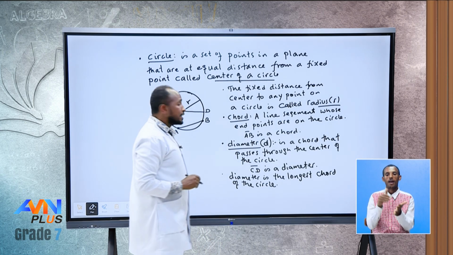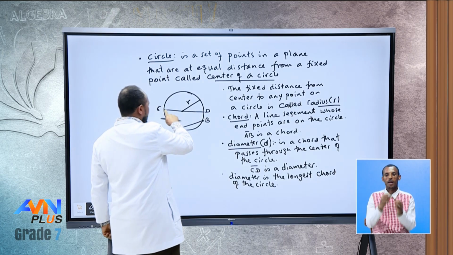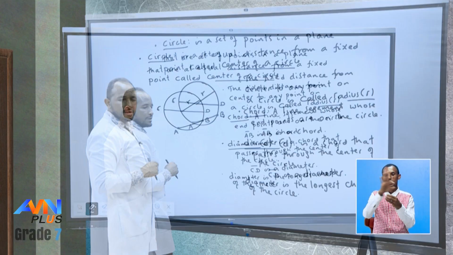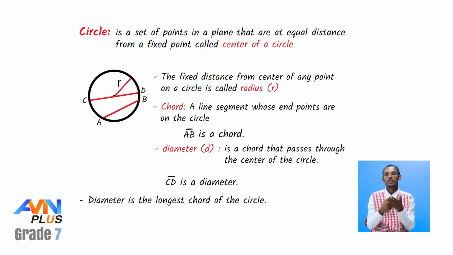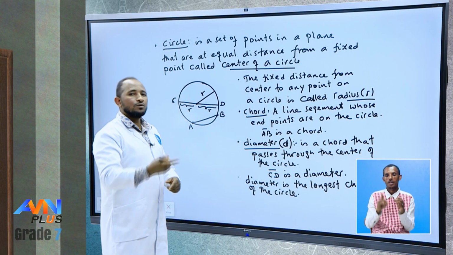Again, you can relate the diameter of a circle with the radius. Look here, the distance from the center of a circle to any point on a circle is the radius. Again, this part is also a radius. So this diameter is twice the radius.